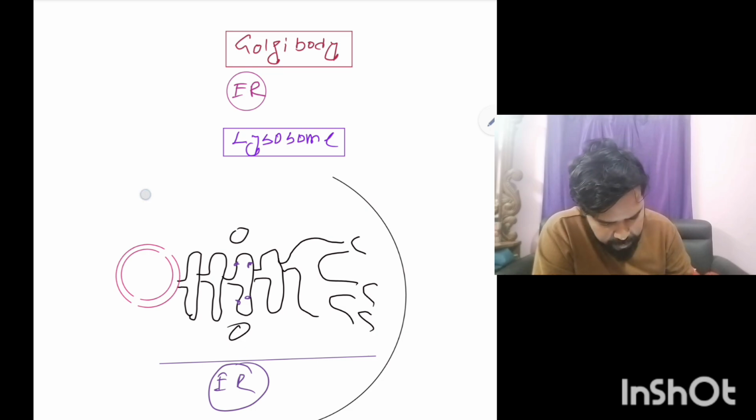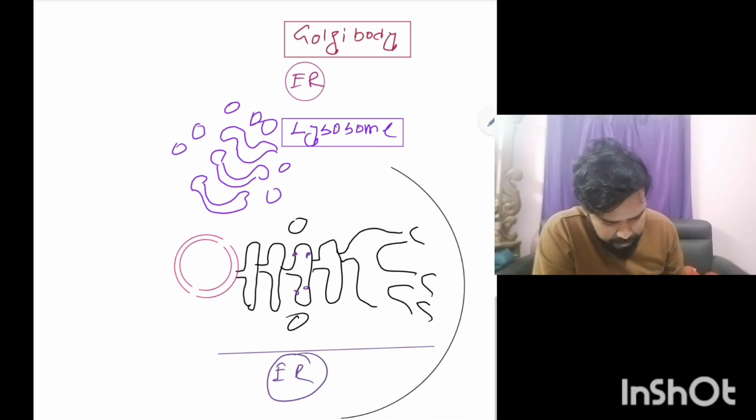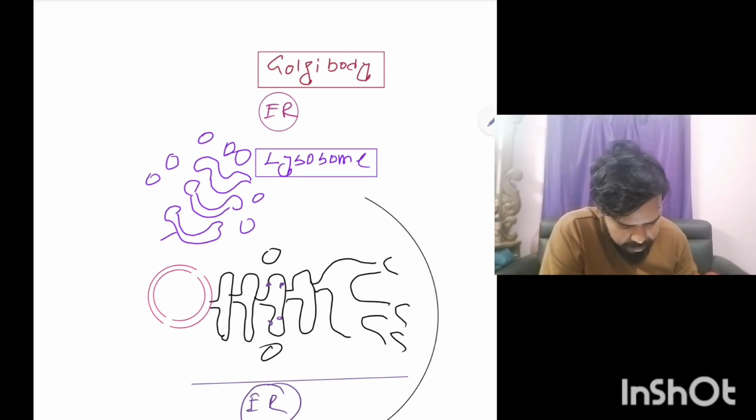And now here there will be the Golgi body. The Golgi body has vesicles and vacuoles, and here are two phases. This is the cis phase, the cisternae phase, and this is called the trans phase, the transforming phase of the vesicles.